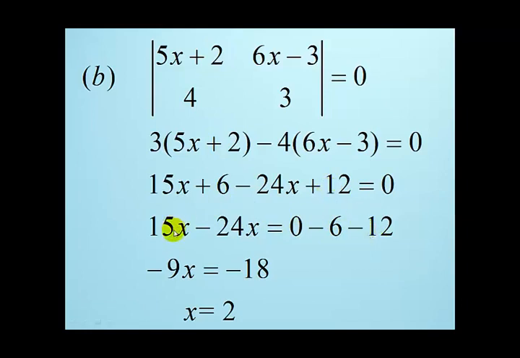So 15x minus 24x equals minus 9x, and this is equal to 0 minus 6 minus 12, which is minus 18. So we divide both sides by negative 9. When we divide the left hand side by negative 9, we are left with x, and when we divide the right hand side by negative 9, we have 2. That means that the value of x is equal to 2.